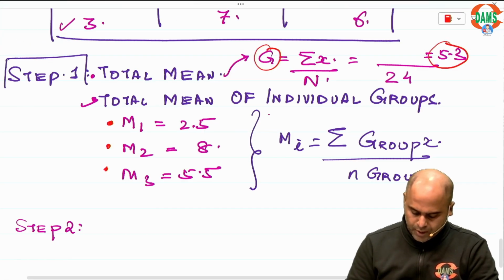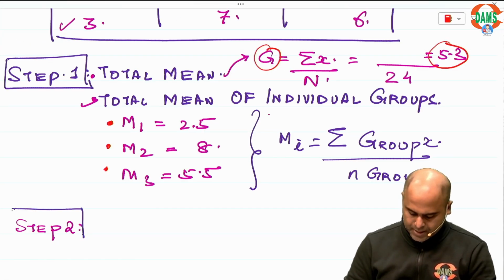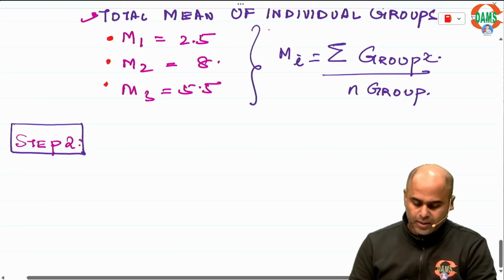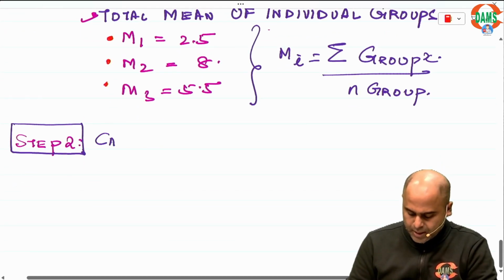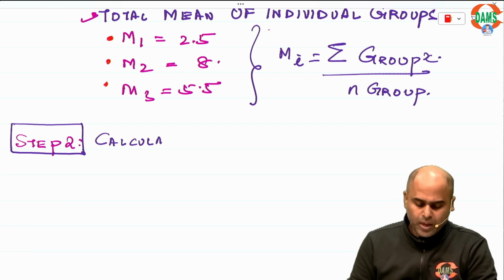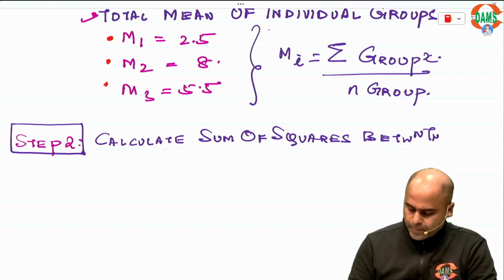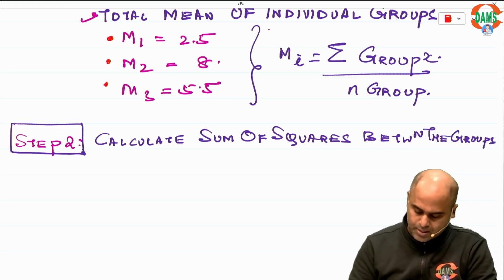What would we do further? Yes guys, now since we have already calculated the mean, we will go ahead and calculate the sum of squares between the groups. Now how will we calculate the sum of squares?